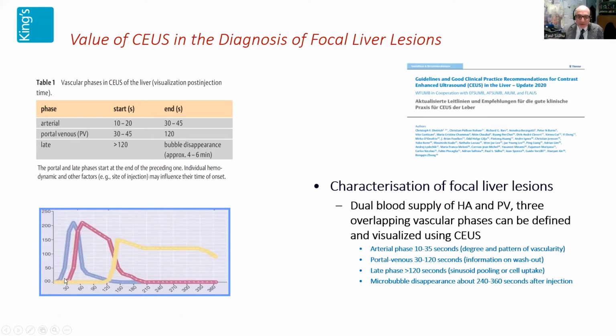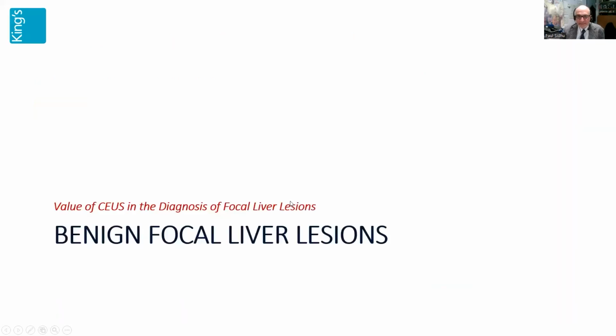But the difference between these modalities is that the contrast agent in ultrasound is truly intravascular, and you are looking at true washout and true hyperenhancement. There is no equilibrium phase. And of course, it's all due to the dual blood supply in the liver, both the hepatic artery and the portal vein, that these different overlapping stages and phases are useful in making the diagnosis.